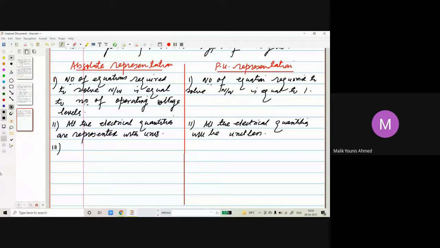But in case of the per unit system, performance of the equipments which are present in the network are done simultaneously.